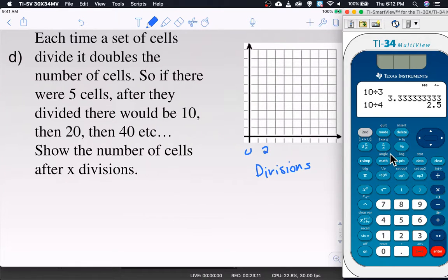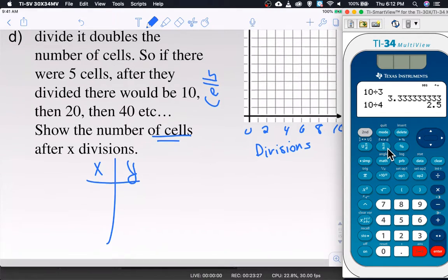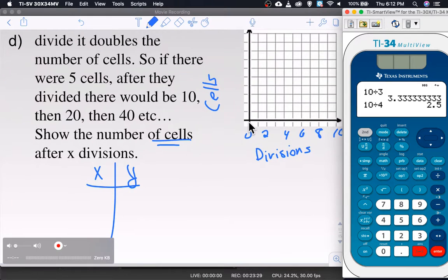0, 2, 4, 6, 8, 10 division. And we want to show the number of cells, so that would be our y variable. Now, how we label our y-axis really depends on how high our cell number goes up. If I want to get up to 50, I would need to not count by 2s or 1s.